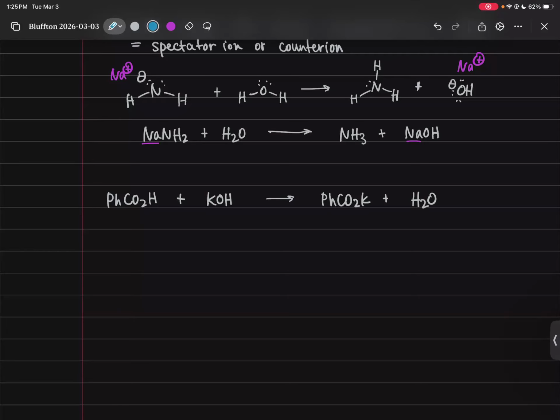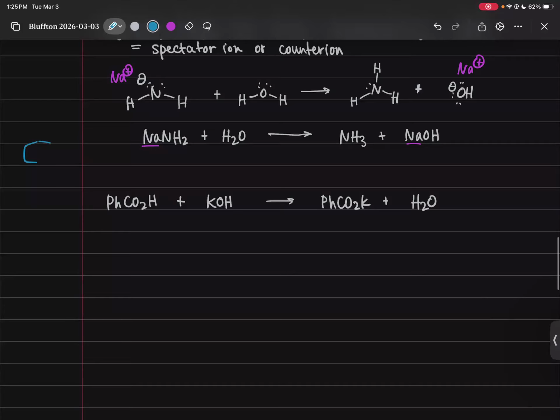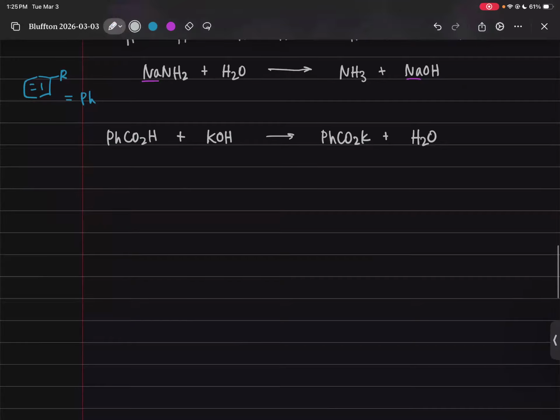Right. As a quick reminder, phenyl is just a benzene ring. So that means that this reaction looks like this.